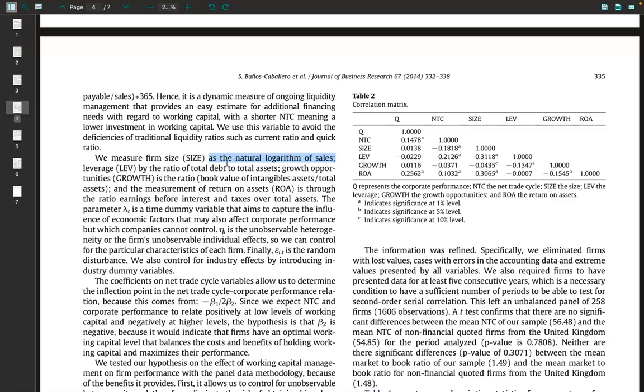Now, the growth opportunities have different explanations. For the growth opportunities, sometimes in the working capital articles they're using percentage change on sales, and sometimes, as this paper actually uses, book value of the intangible assets to total assets.